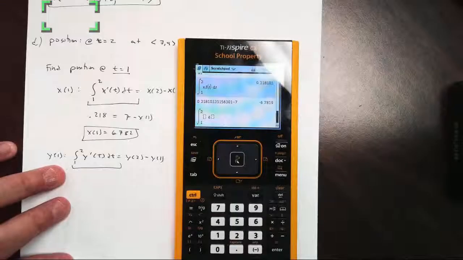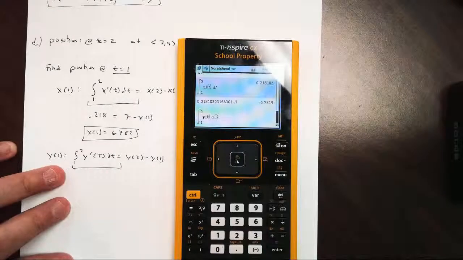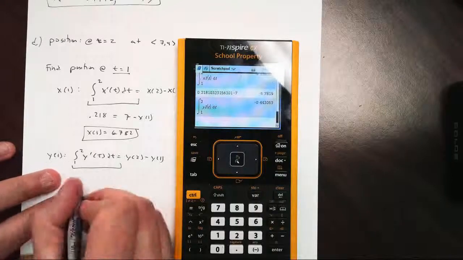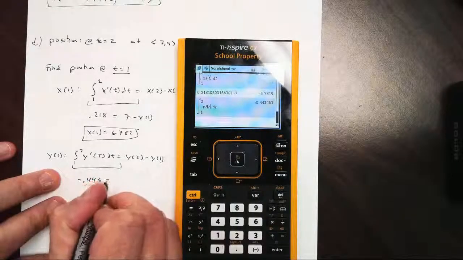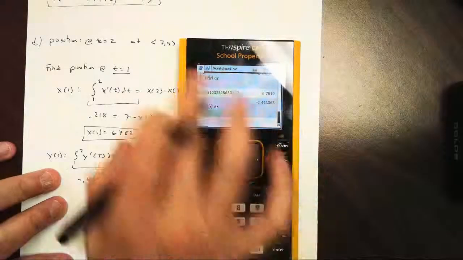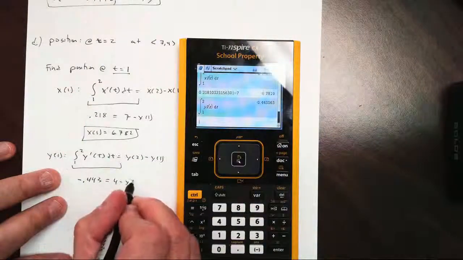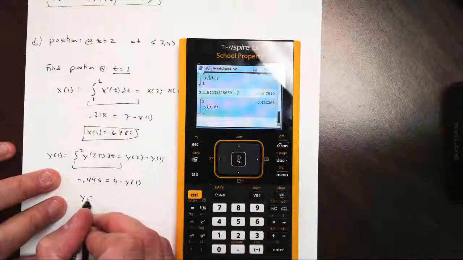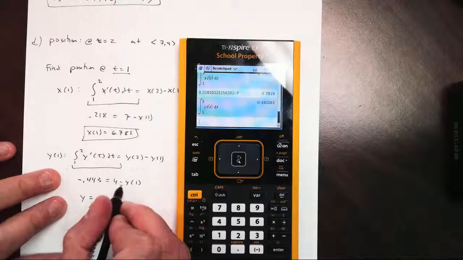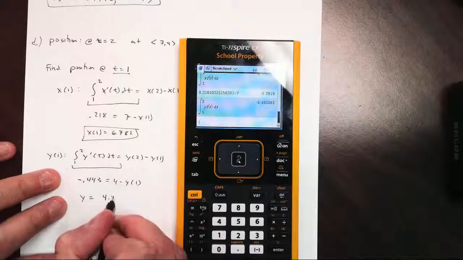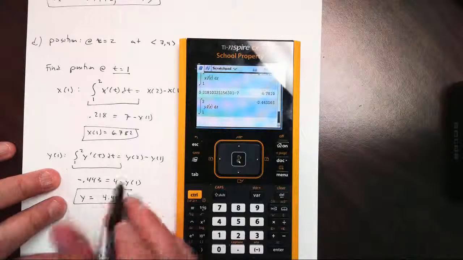I can just type this as y1 of t, and don't forget dt. Press enter, and I get this negative 0.443, which is y2, we already know it's 4, minus y1. Solving it, this one's pretty easy. Subtract it, and change the sign, I get positive 4.443.